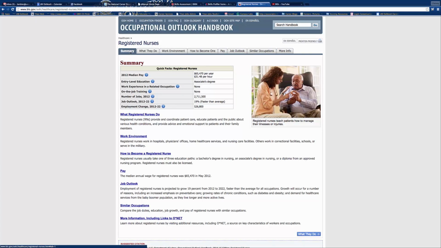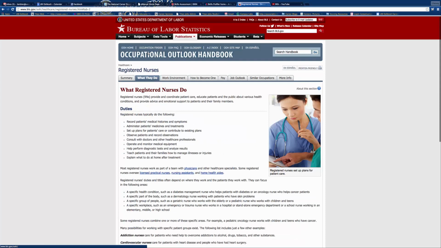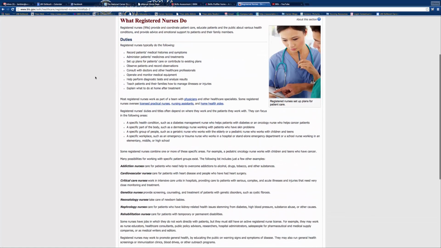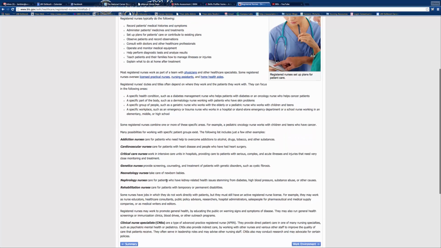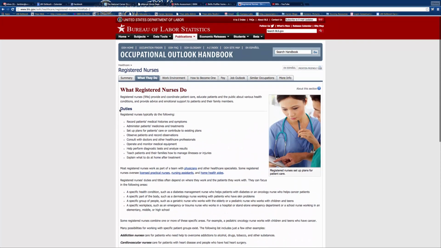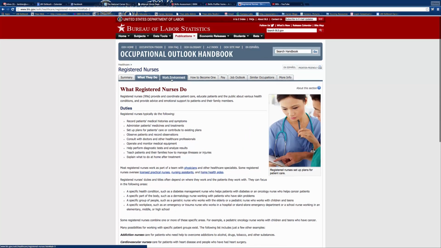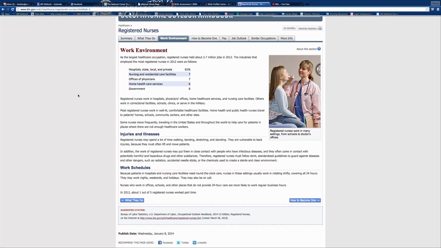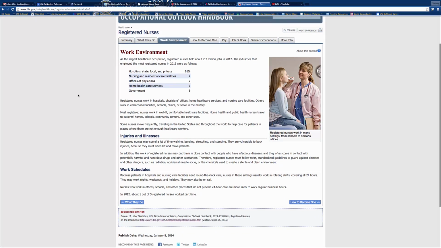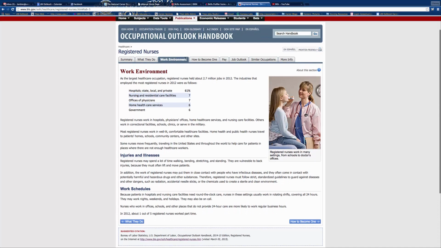They're going to have a summary, so a little bit about what the occupation looks like. It has typically what they do, so duties, responsibilities, some keywords, which are important if you're working with students creating a resume or a cover letter. What's the work environment like? So giving the student or the client that you're working with an idea of the work environment.